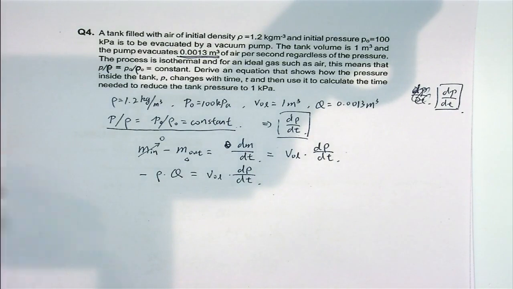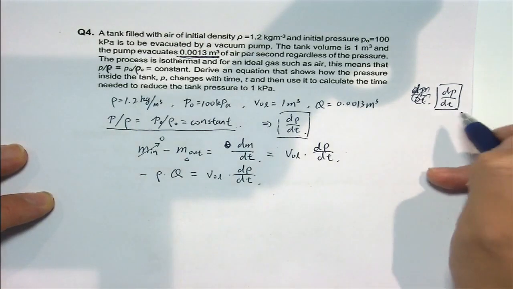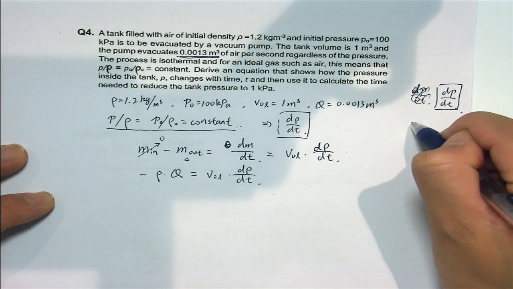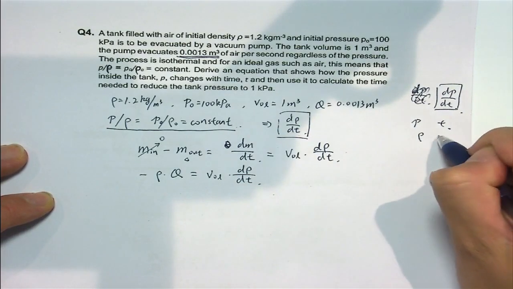Any problems about? And then the next thing to do is just to find, because we want to get the relationship between time and t, and in this we got rho and t.